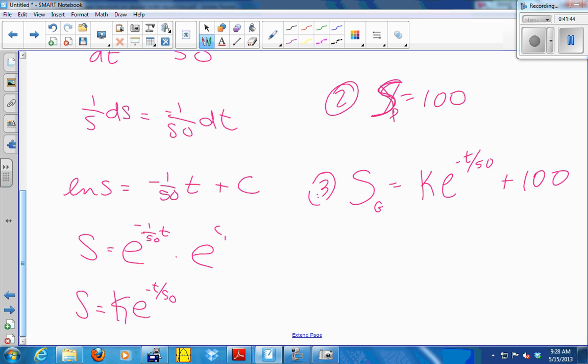Use the initial condition to find the k. S of 0 has to be 40. So k is negative 60.